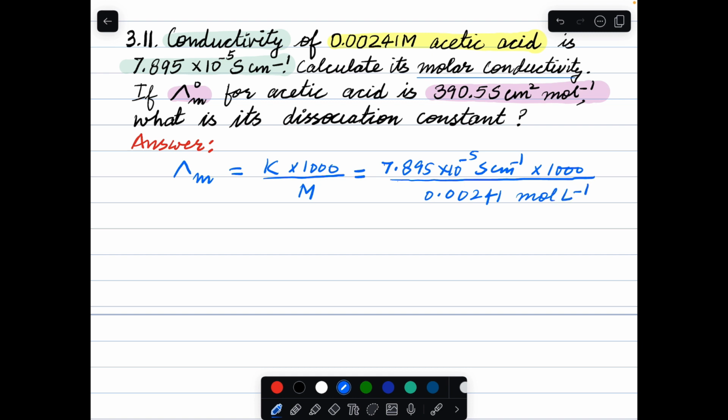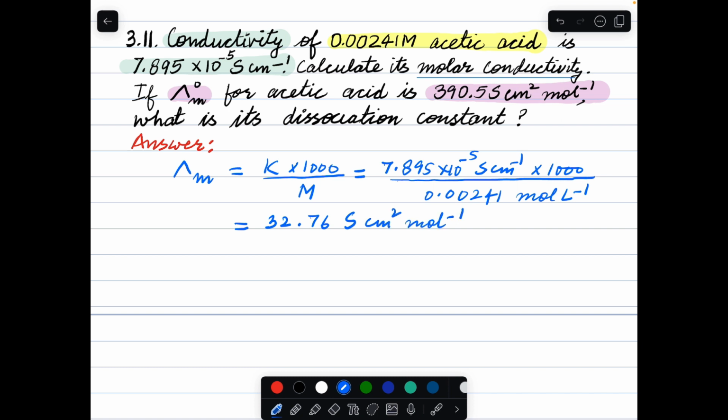After simplification, you will get the value 32.76 Siemens centimeter square per mole.